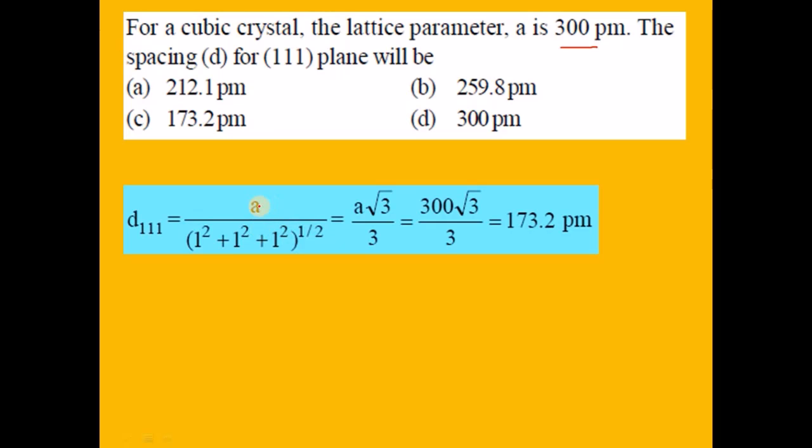Here we use the same formula, a divided by the square root of h² + k² + l². Substituting, you will get a by root 3, which can also be written as a times root 3 by 3. The a value given in the problem is 300. After substituting that, we got 173.2 picometers. So option C is the right option for it.